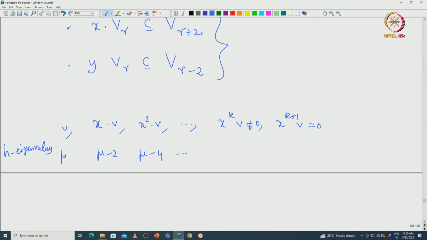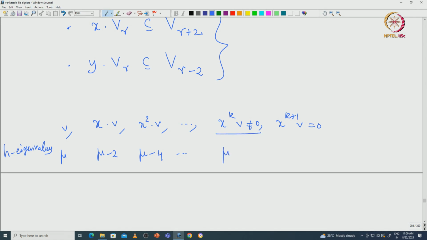Because we are working inside a finite dimensional representation, there must exist some k such that x^(k+1) v is 0. So, you choose k minimal so that x^k v is non-zero.